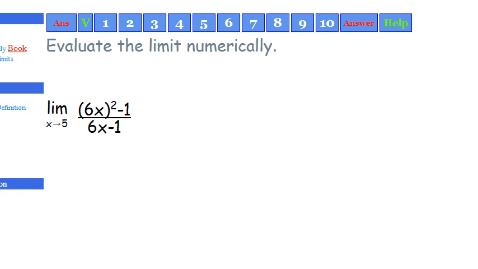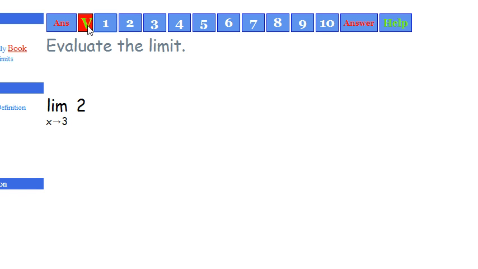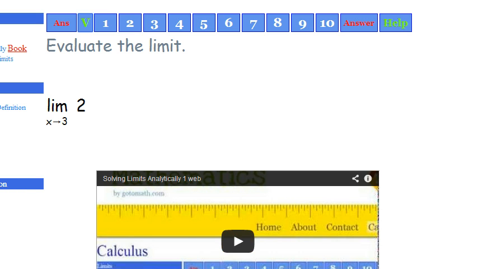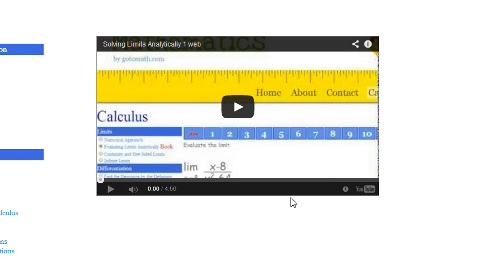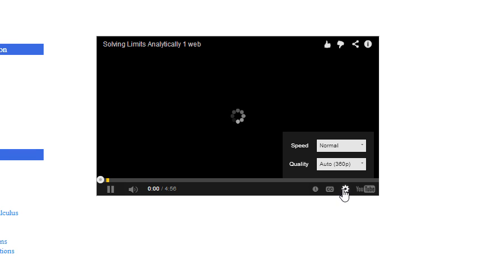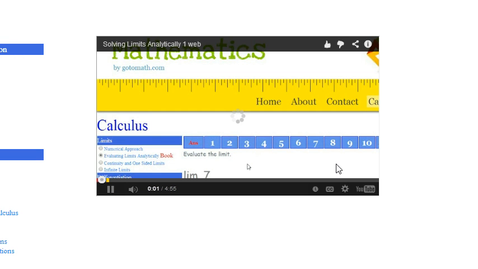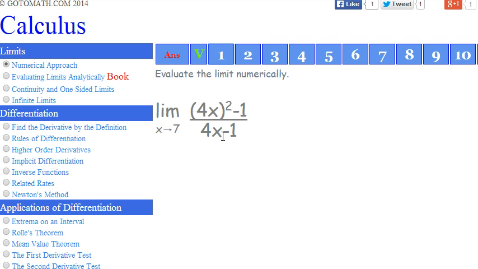Let's click on evaluating limits numerically. You'll want to go to your settings and make sure that this is up to at least probably 480. Alright, enough said on that.